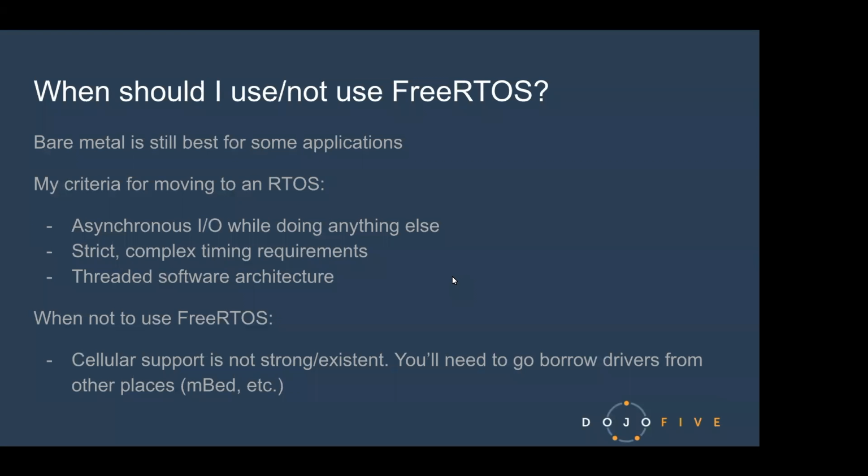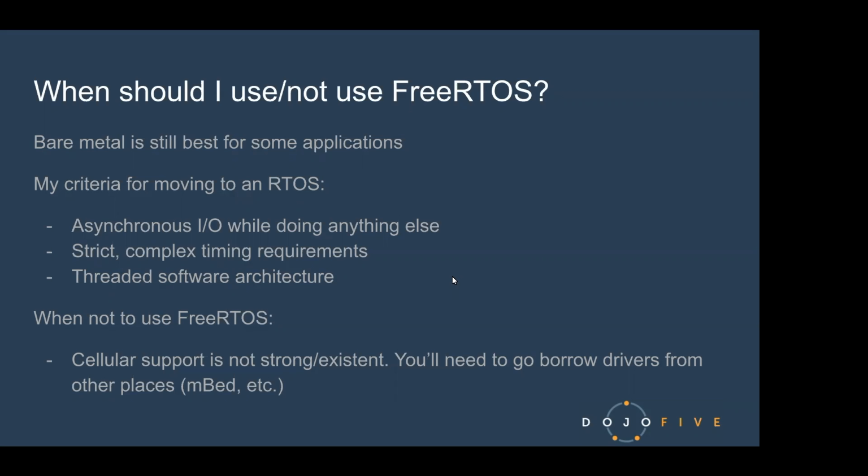If you have strict, complex timing requirements, that's another place where an RTOS is really going to make it easy. You could do it in bare metal, but you lose some amount of your hair doing that, so it just makes it a lot easier when you jump into an RTOS to meet a lot of those complex timing requirements.